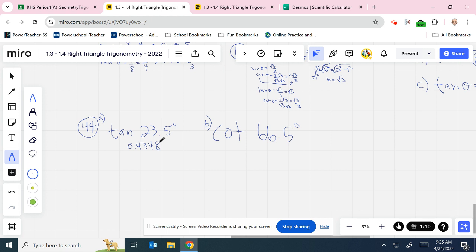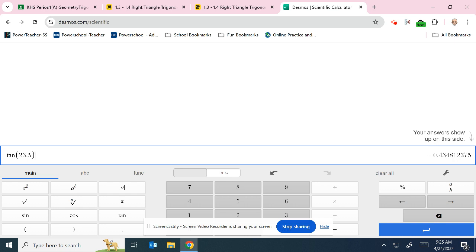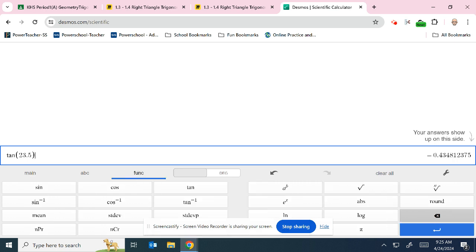Now, cotangent doesn't have a button on your calculator. If you look at Desmos, and you got sine, cosine, and tan, you go to the function buttons, and all you have is the negative ones. You don't have the reciprocal functions on here. There's no cotangent, there's no cosecant, there's no secant. So how do we put those into the calculator?